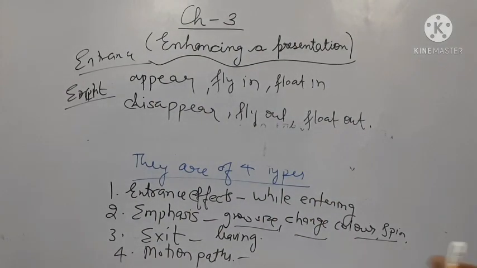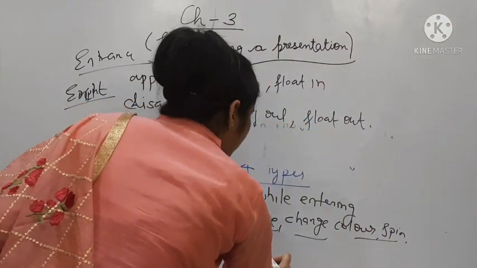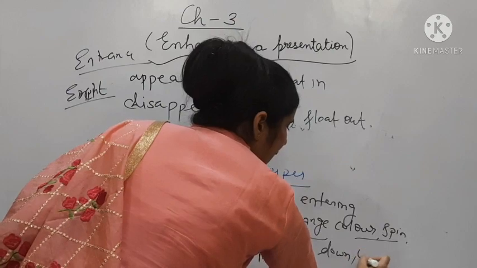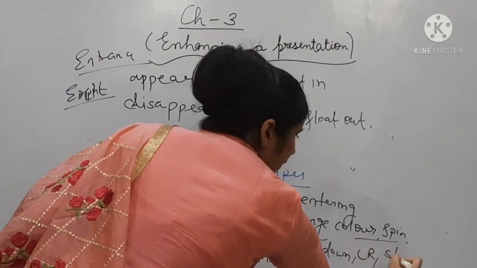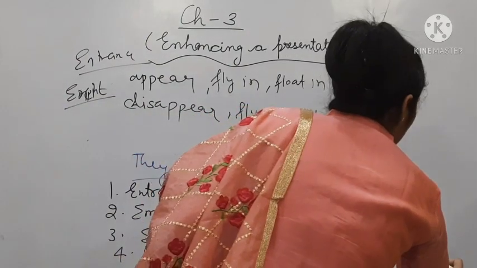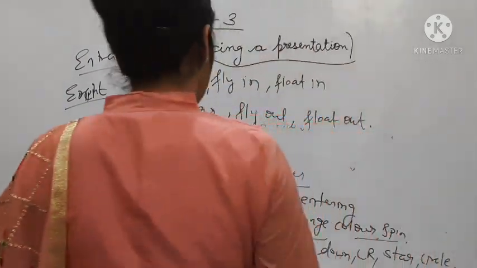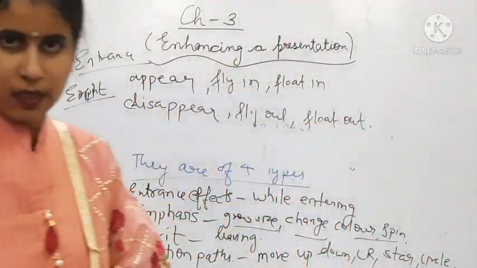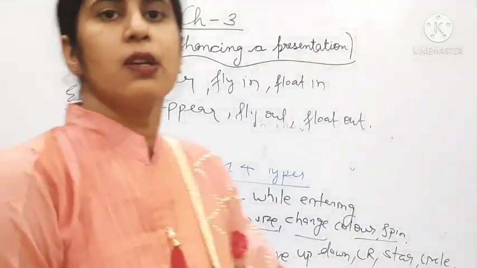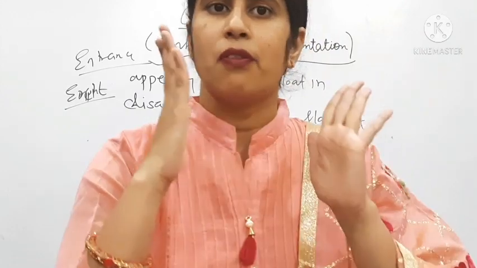Motion path means we are moving up, down, left, right. We are moving the object in star form and in circular form.